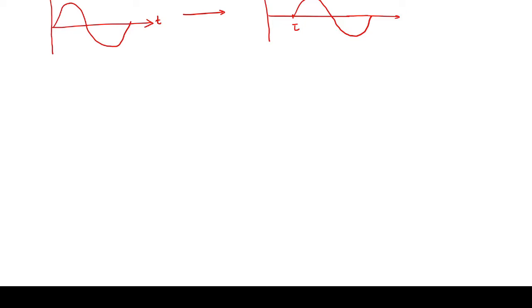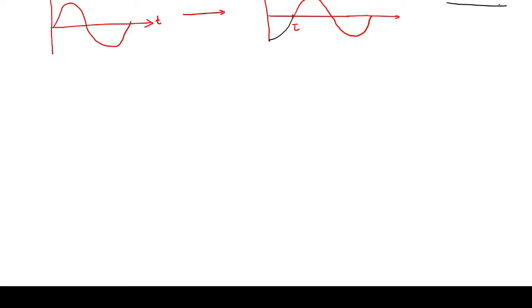This signal would be given by sine of 2 pi f1 (t minus tau). Say for example, if I extend this signal component and I look into this zero, what happens?